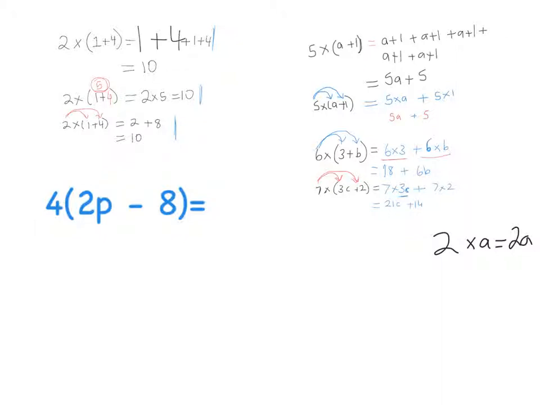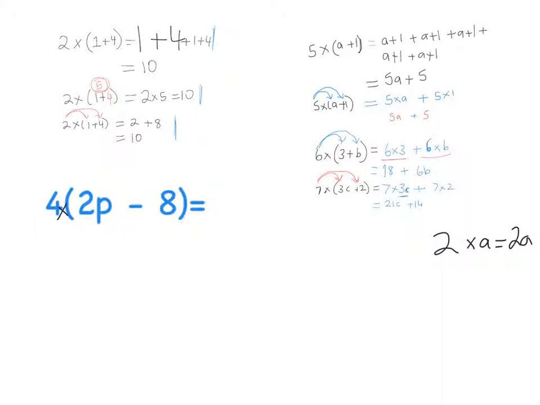So what they've done here is they've just not written the times in, so let's add that in for them. If there's nothing in between a number and a bracket, it just means that it's times. So remember this is saying we have 4 lots of everything inside the bracket. So 4 lots of 2p minus 8.